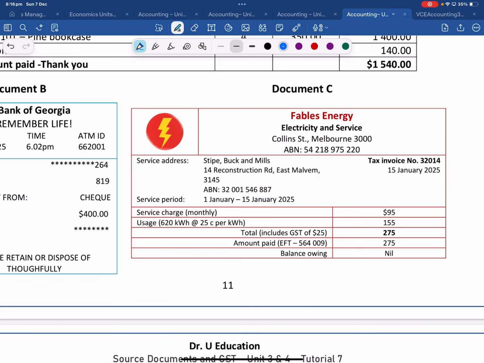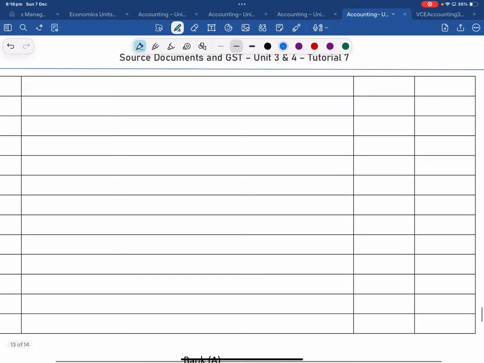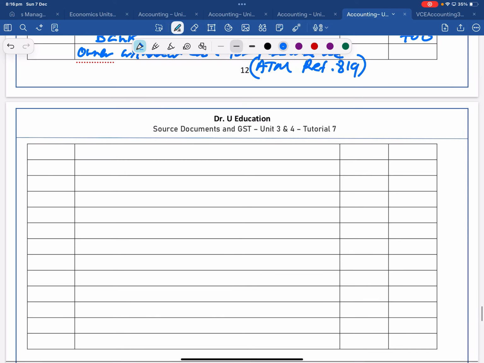Christian, did you do it? Electricity, bank, and GST. How much is electricity, Christian? 250 electricity.